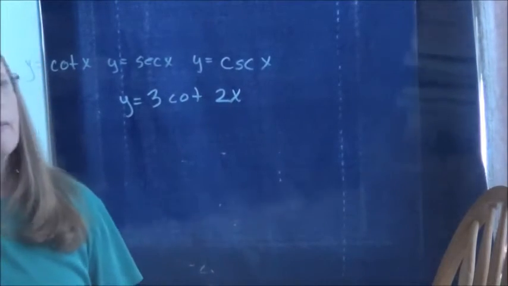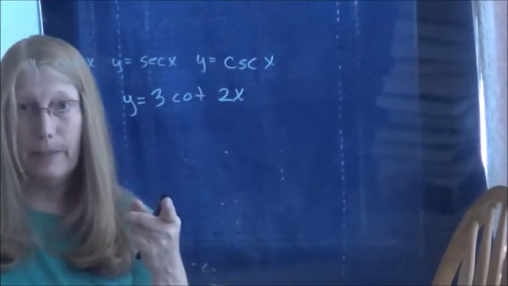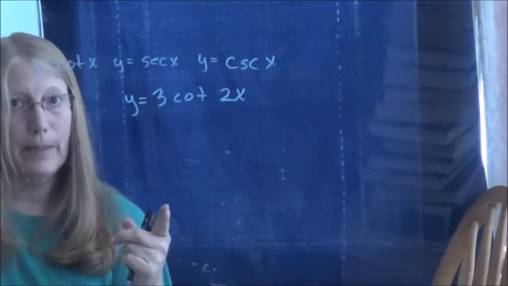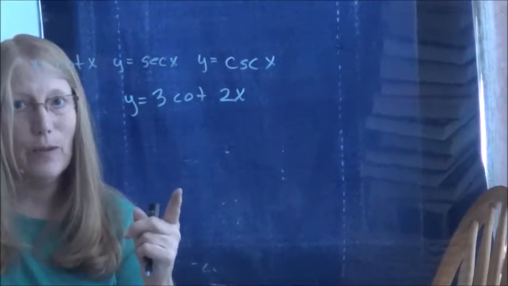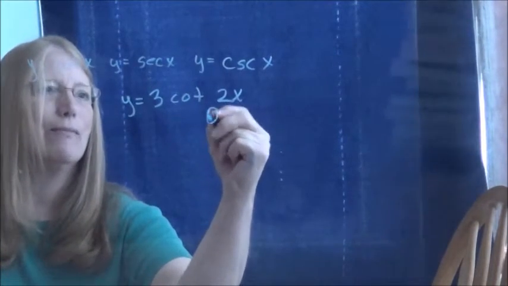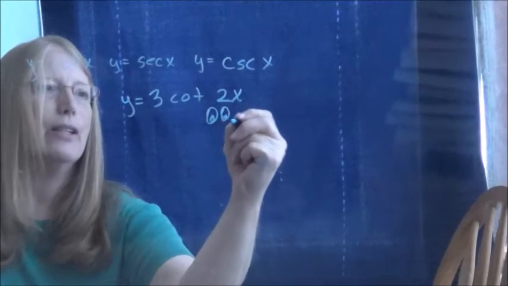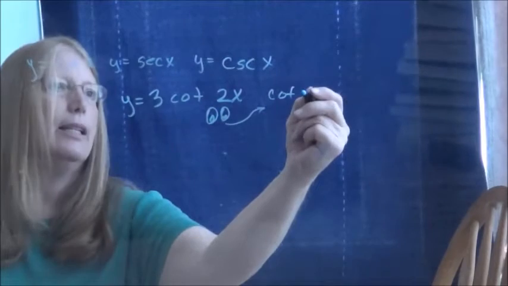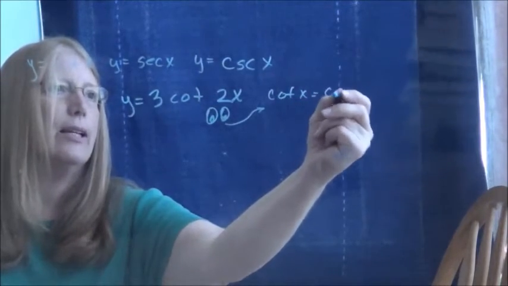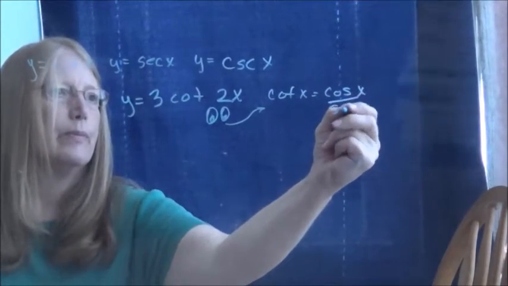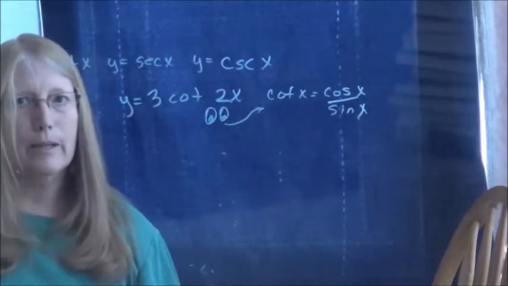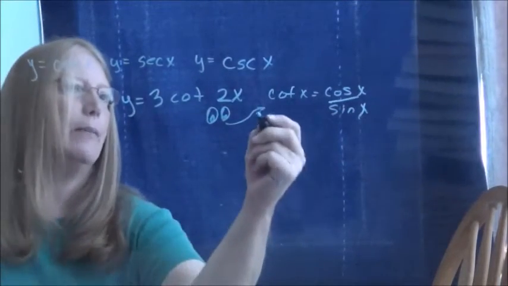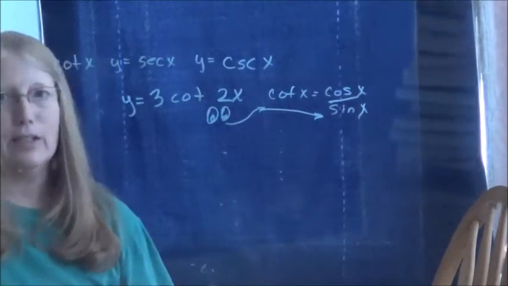To do this you're going to need help, and that help is going to come from you looking for it. So you need your eyeballs, and your eyeballs are going to look at this fact, that cotangent x equals cosine over sine. When you know that to be true, your eyeballs look at the bottom, and that's your helper.